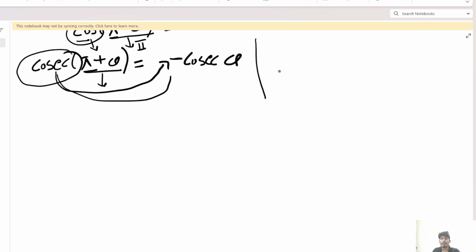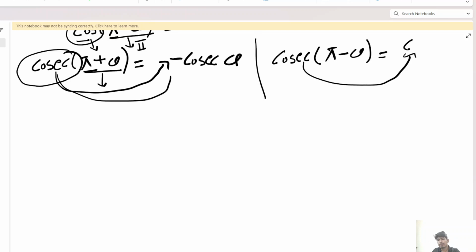Then tell me, cosec of pi minus theta, what is the value of this? The cosec function is the same on pi, and this is theta, in the second quadrant. We know the cosec function is positive in the second quadrant, so here it is positive.